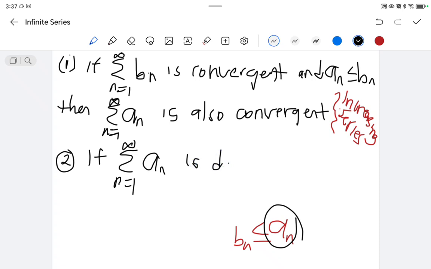Then some write if B of n is divergent, which for B of n will be the most reasonable one. So let me just check which one they write in this guide. I'm going to log in on my Blackboard and check it there.